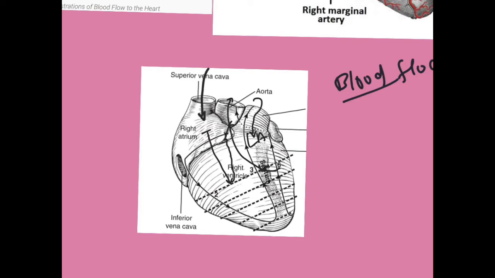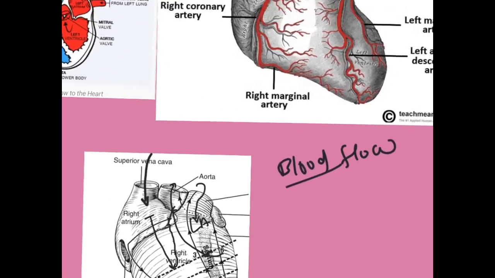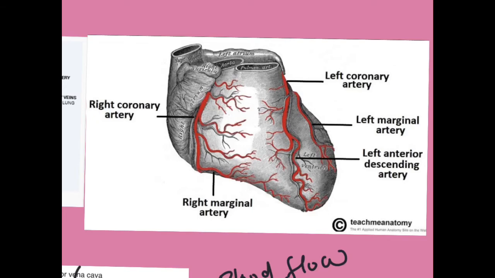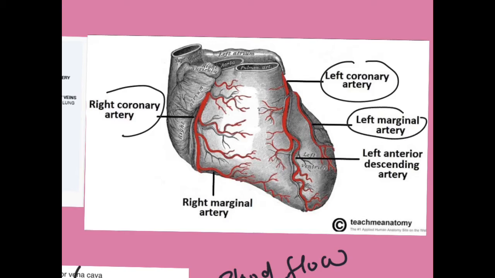Another way is that after opening all these things, you should know that the heart is supplied by three arteries. First one is the right coronary, second one is the left coronary, and the last one is the left marginal. The left coronary gives the anterior supply, that is the LAD, left anterior descending, and the right marginal arteries.